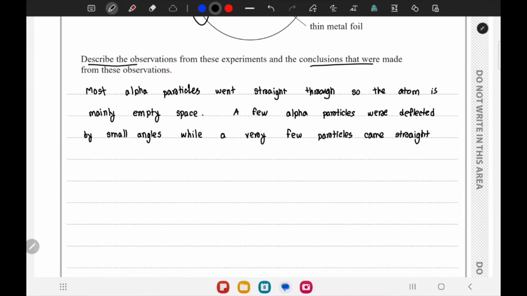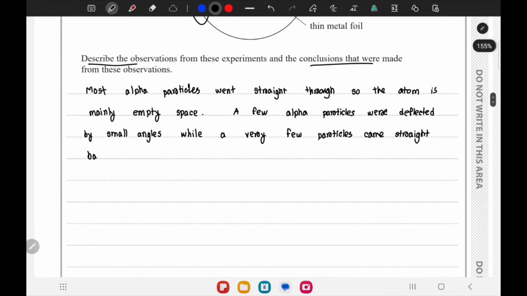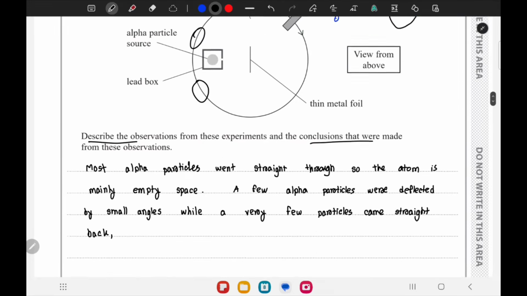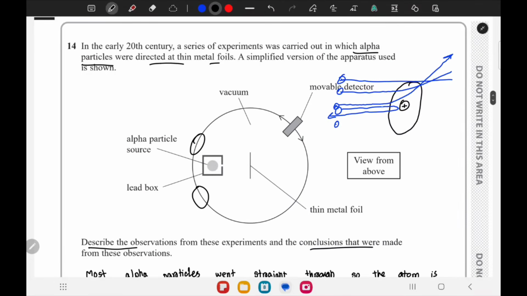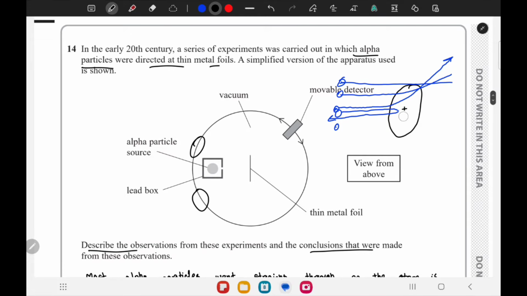Now we have to draw the conclusion from these two observations related to deflection. Since this deflection would show that there was a concentrated amount of charge over here, the charge of the atom is not spread out throughout the whole atom, it's in a single, very concentrated spot.